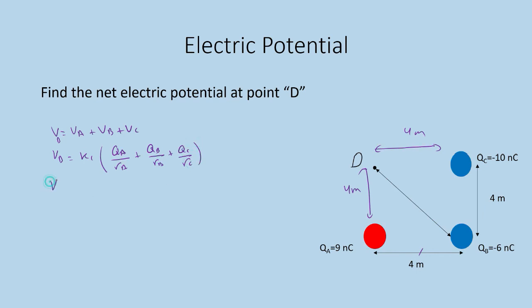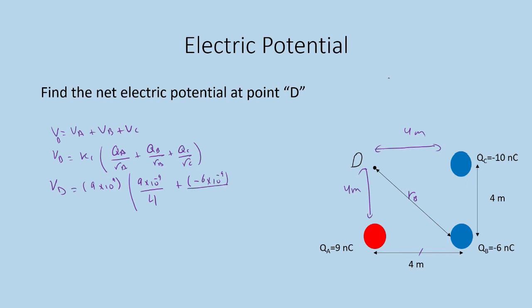So V at point D is equal to 9 times 10 to the power of 9. QA is 9 nanocoulombs, so 9 times 10 to the power of negative 9 over the distance from A to D, which is 4 meters, plus QB, negative 6 times 10 to the power of negative 9, over RB, which is this distance.